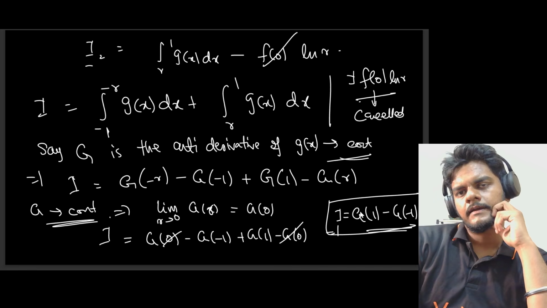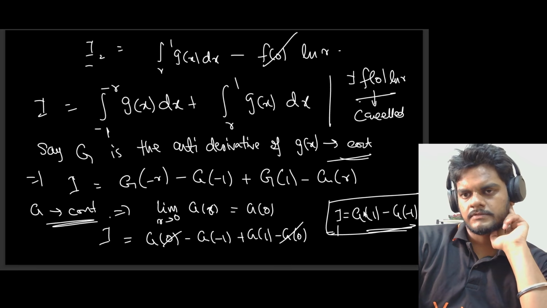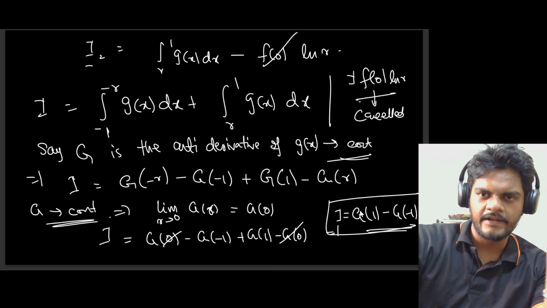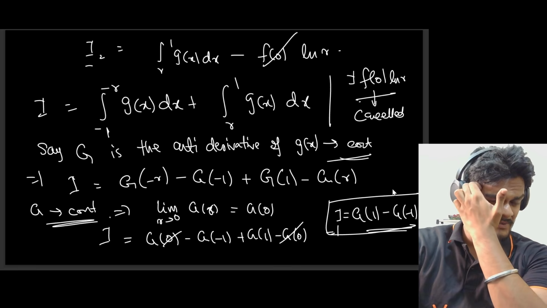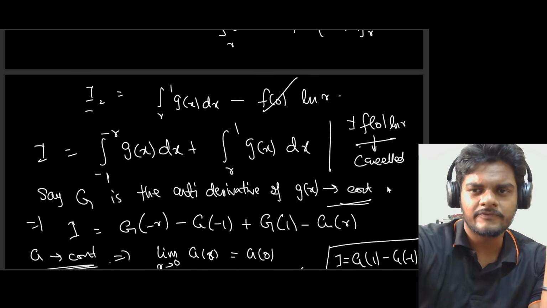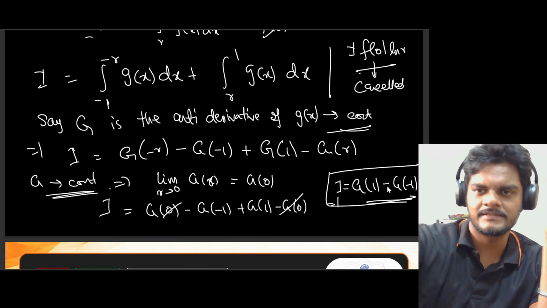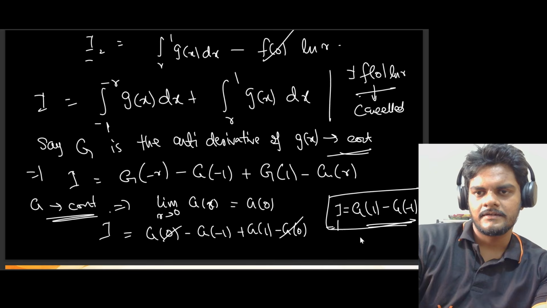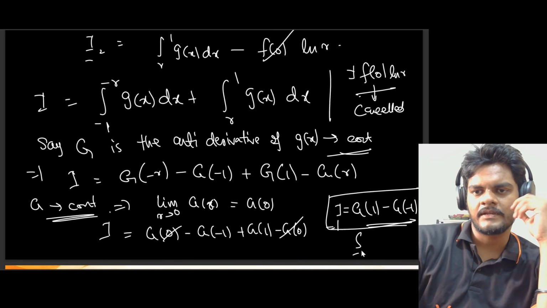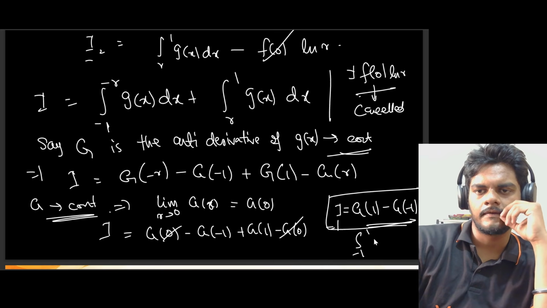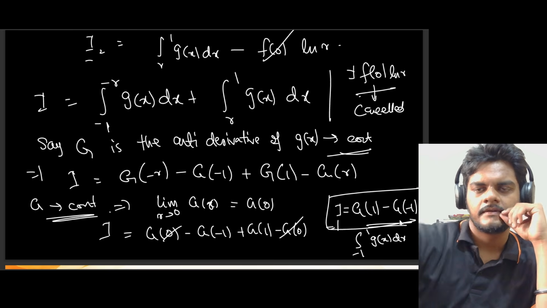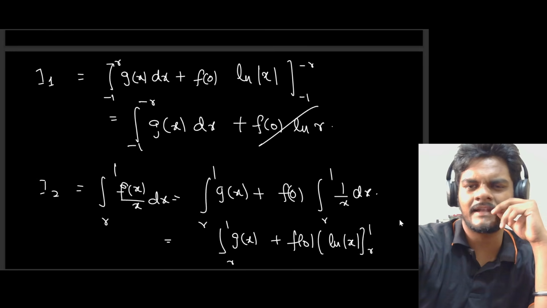Okay. Now, the thing is, how do you find G of 1 and G of minus 1? What is G of 1, G of minus 1? Okay, first of all, what is this? This is simply integral between minus 1 to 1 g of x dx. So I think this is it.